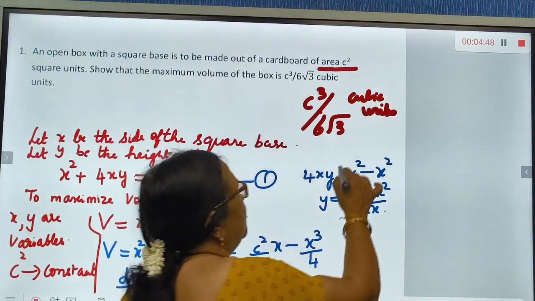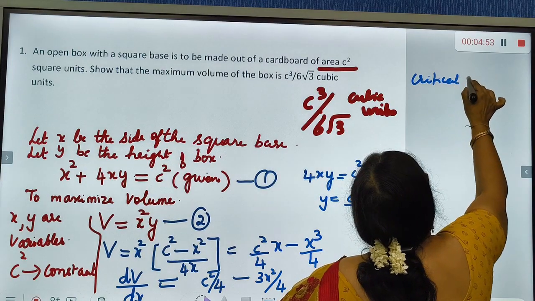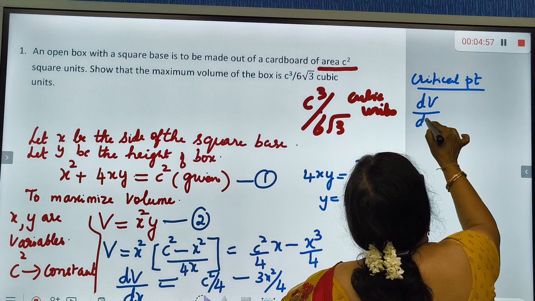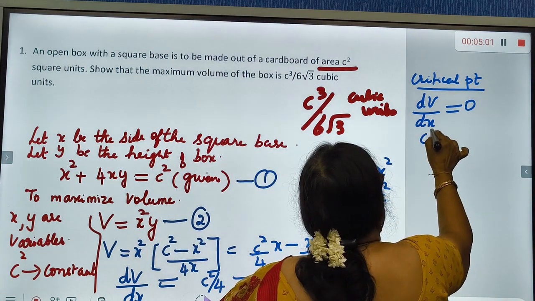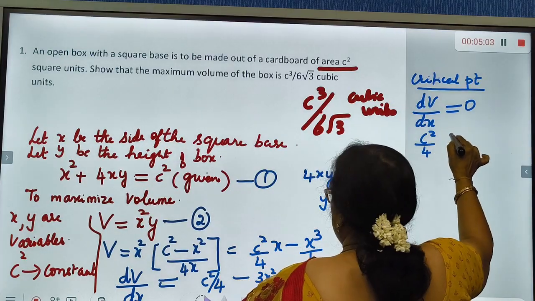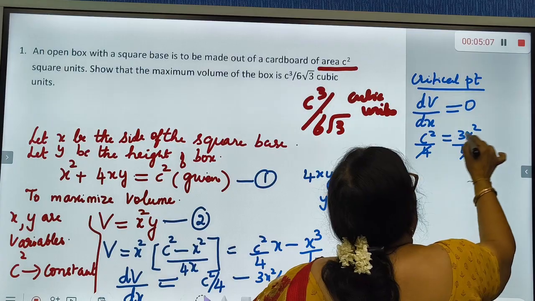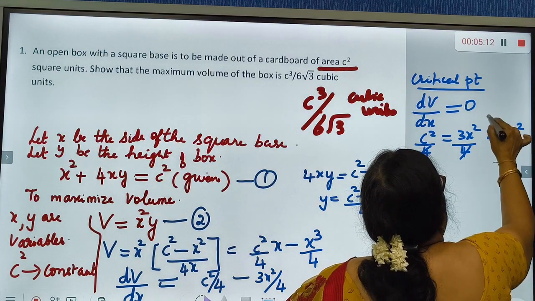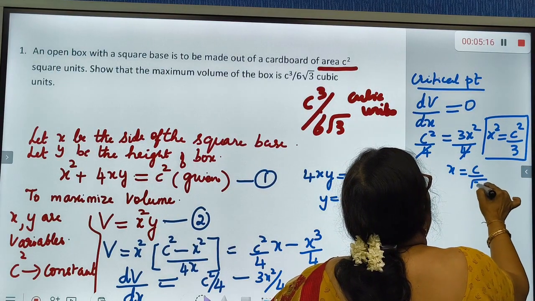So to find the critical point, we have to equate dV by dx equal to 0. Therefore, c square by 4 is equal to 3x square by 4. So x square equal to c square by 3, or x is equal to c by root 3.